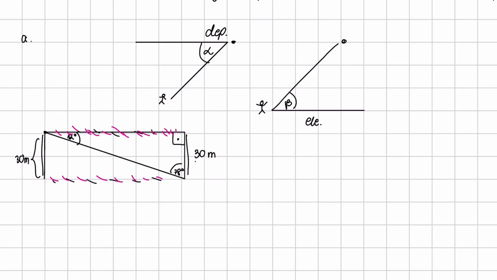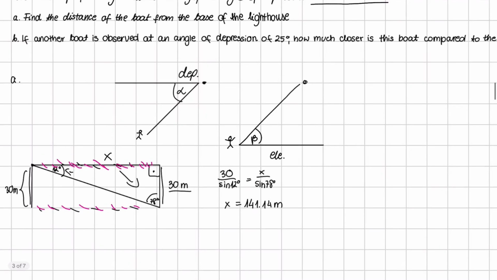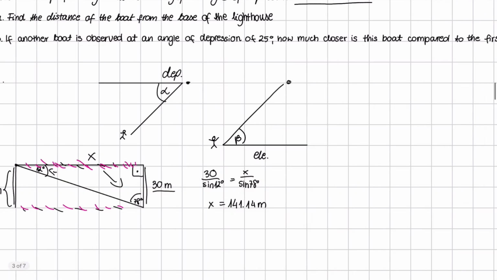So we have 30 over sine 12 degrees equals this side over sine 78 degrees, and from this we have our length, 141.14 meters.